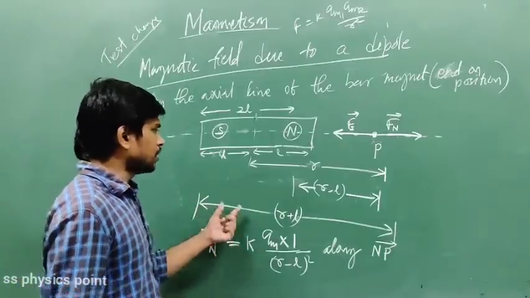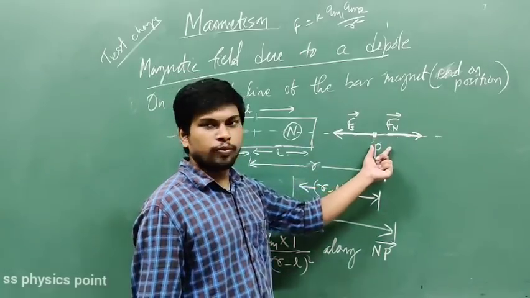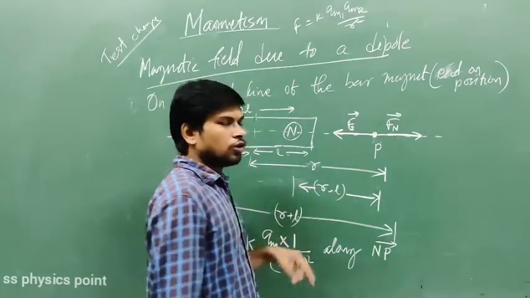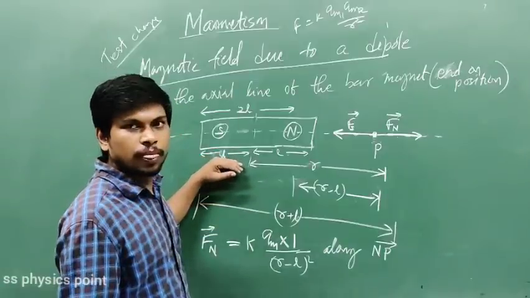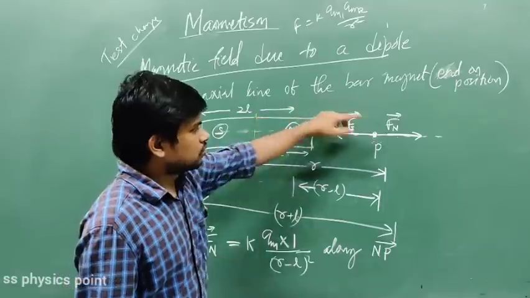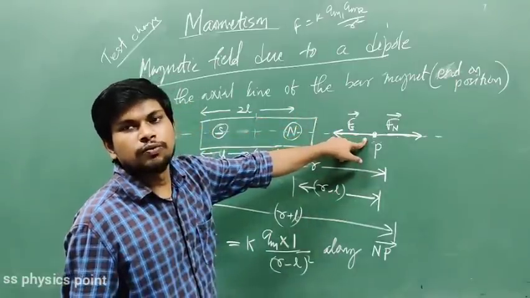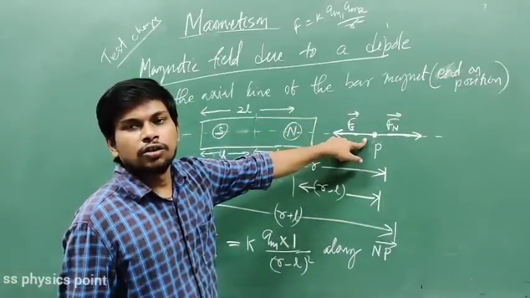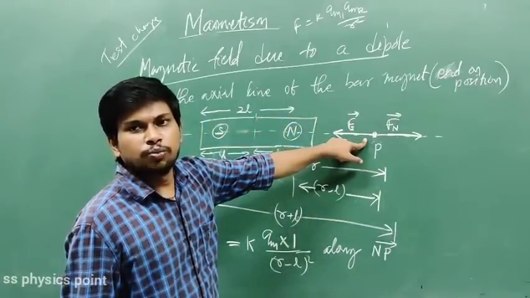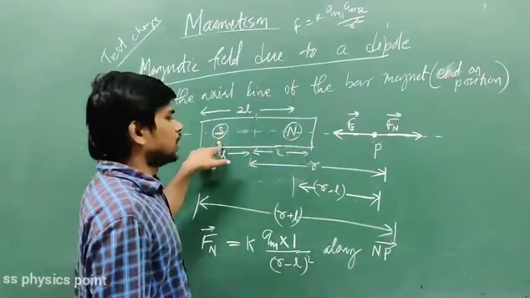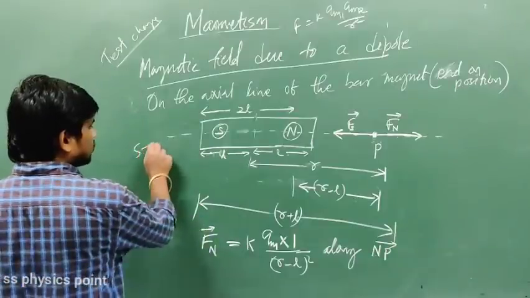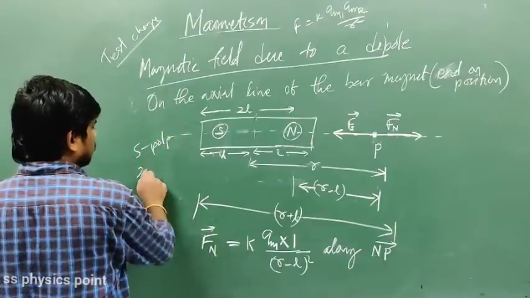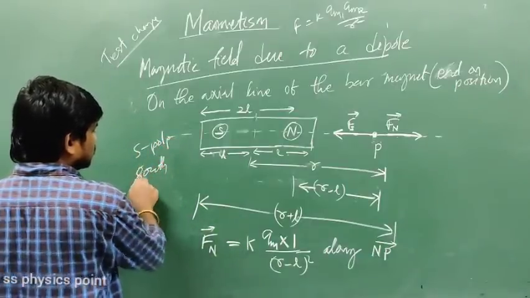Similarly, the force experienced by the north pole due to the south pole. Just write it. The force acting on the unit north pole due to S pole or south pole. You can write S pole or south pole, your wish.